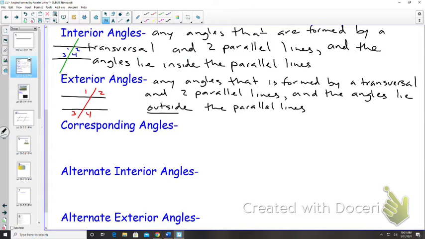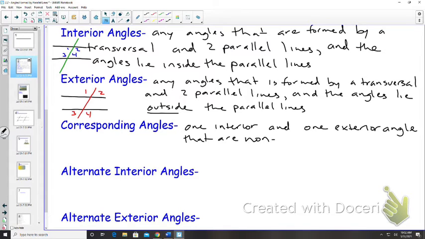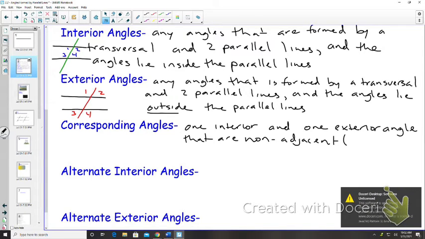Okay, we have talked about corresponding angles before. These are one interior and one exterior angle that are non-adjacent. Non-adjacent means they are not beside one another.